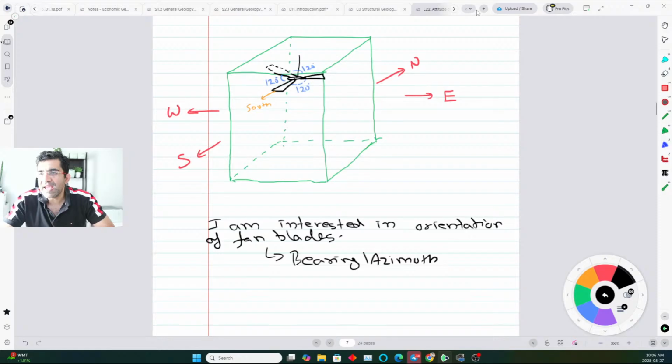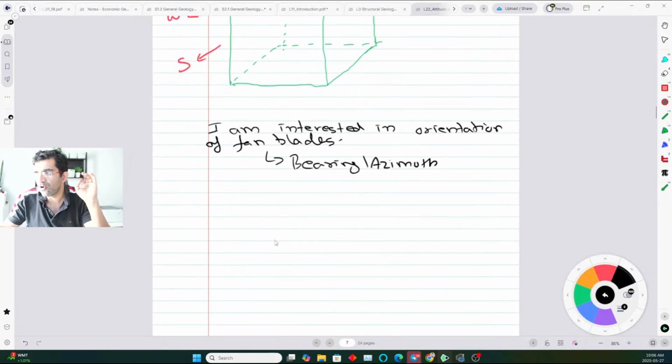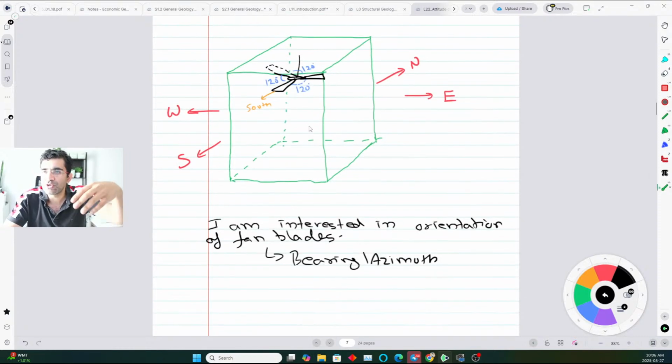All right, so bearing is the angle with respect to the north direction. Okay, so it is always good that we try to view 3D from the side.